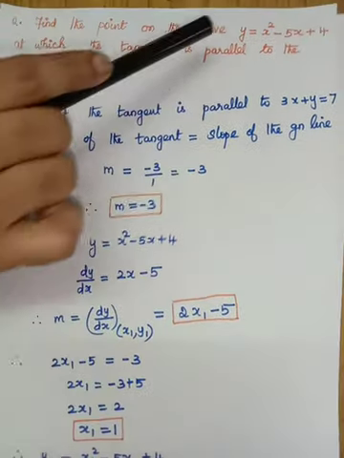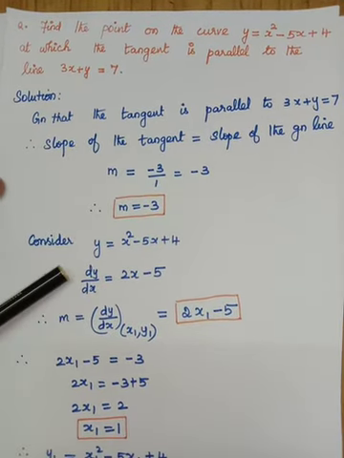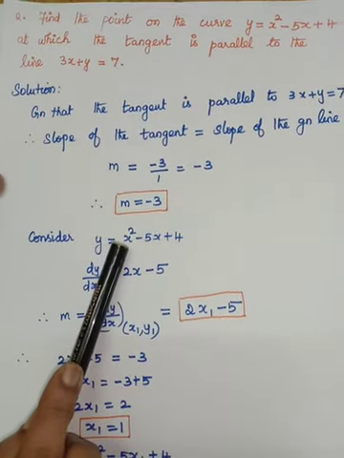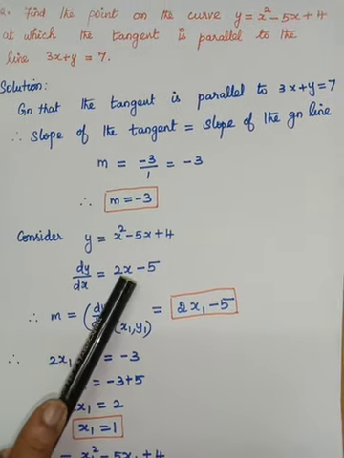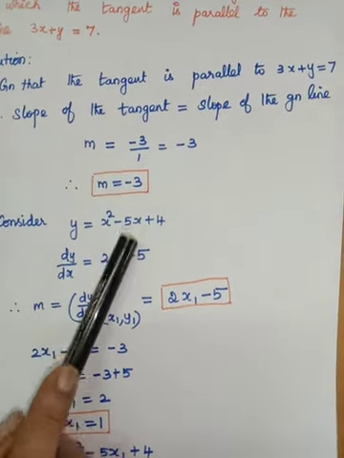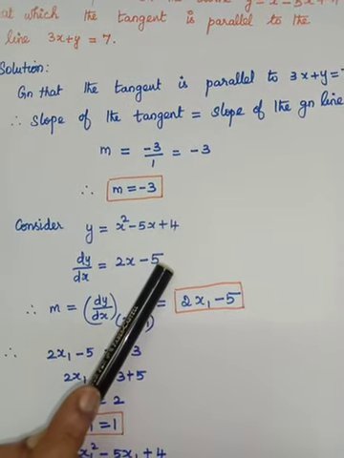Okay, so you consider the curve and you are going to find dy by dx. Okay, so you have to differentiate y with respect to x. So take the first term x squared. If you differentiate, it is 2x. And minus 5x. Minus 5 is a constant. The differentiation of x with respect to x is 1. Here 4 is a constant whose differentiation is 0.